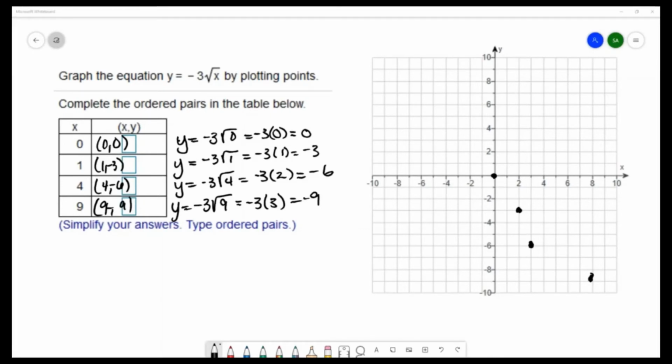I just noticed that I plotted this second point in the wrong spot. I plotted it at 2, -3 instead of 1, -3, so I'm correcting that. And then I will connect these points, and we get a graph that looks something like this.